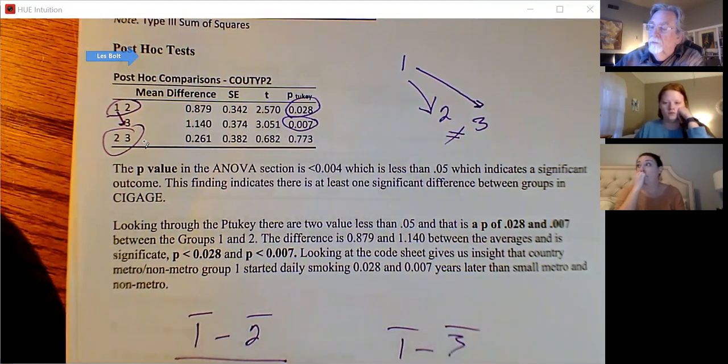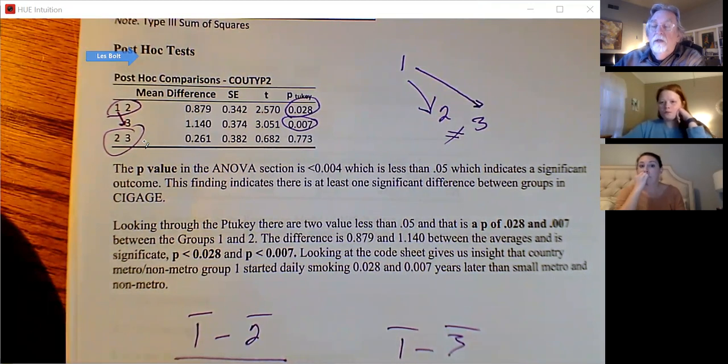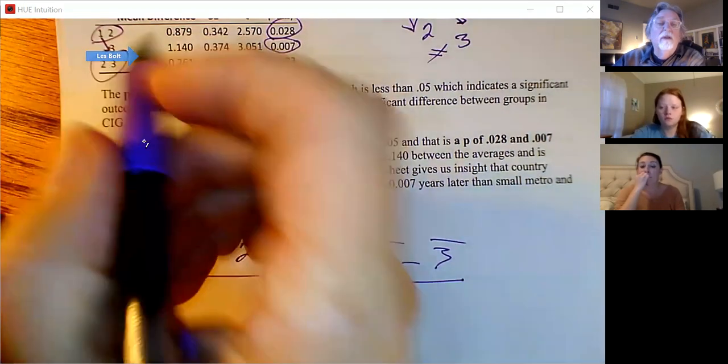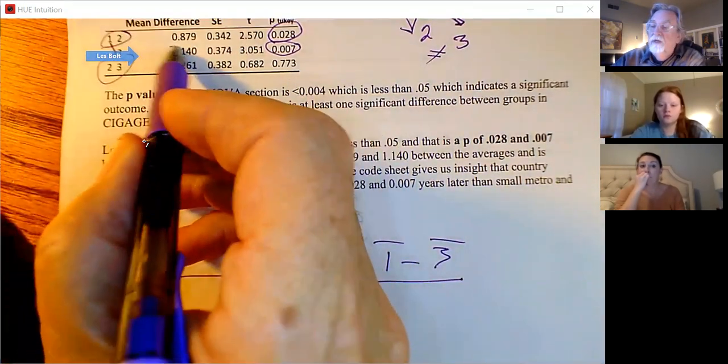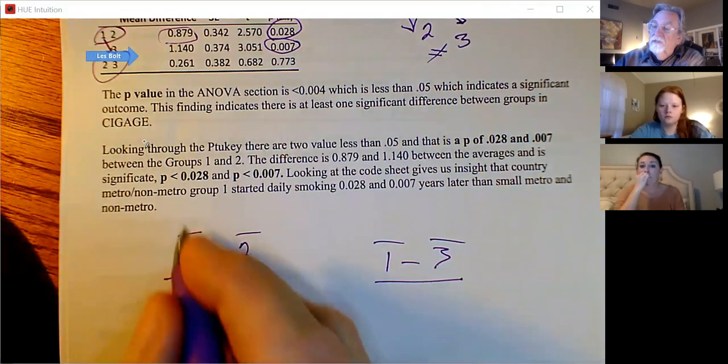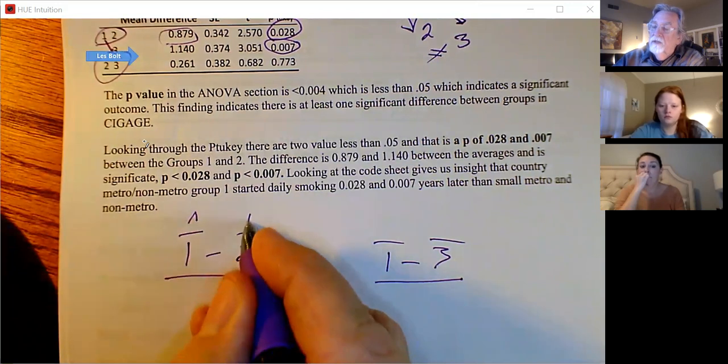And then the third option is group 2's mean minus group 3's mean. And so the fact that this particular outcome here, the 0.879, is positive would tell us that this has to be greater than this.